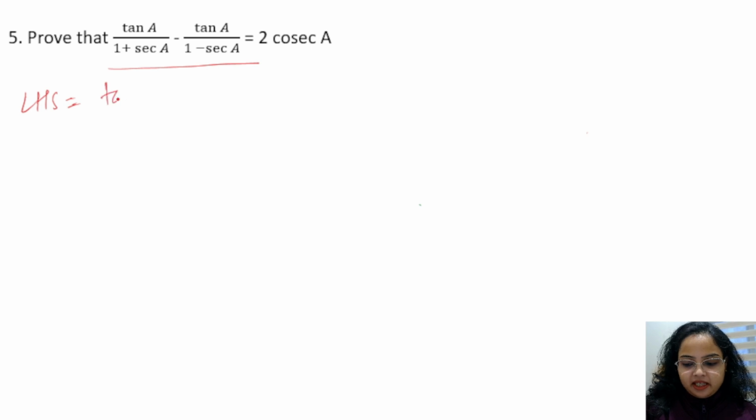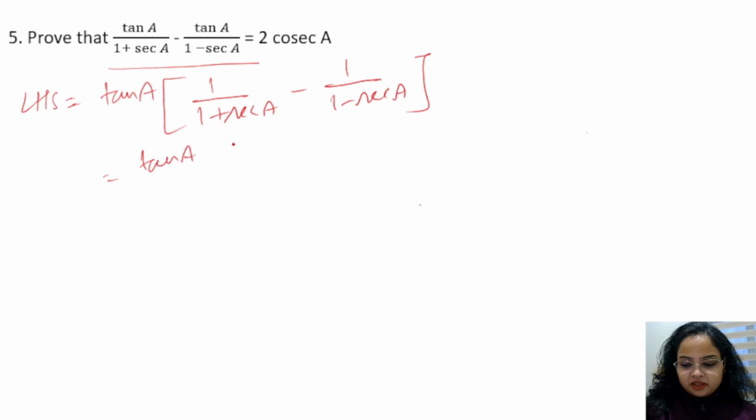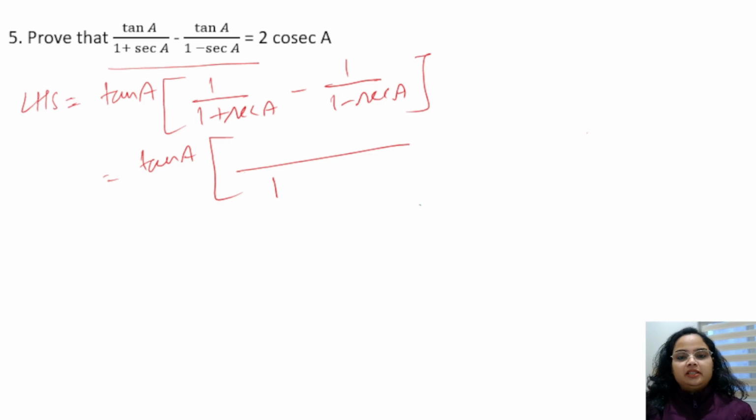Take tan a common, it is tan a into 1 by 1 plus secant a minus 1 by 1 minus secant a. And take LCM here, it is tan a into 1 plus secant a into 1 minus secant a, it is a plus b into a minus b. It is 1 square minus secant square a, it is a square minus b square.